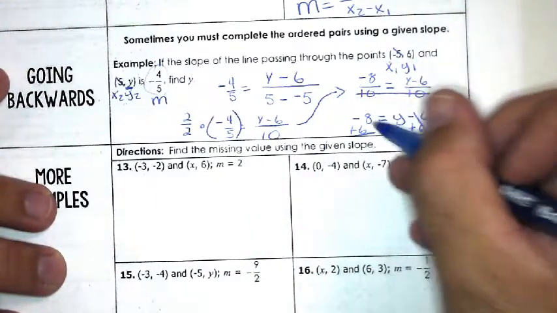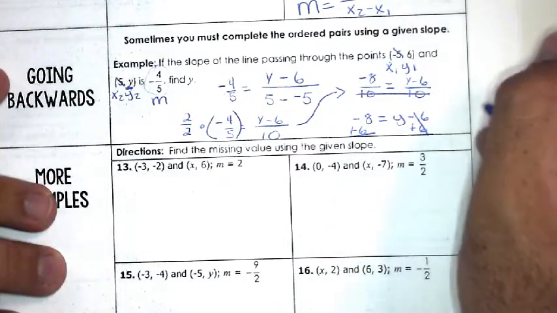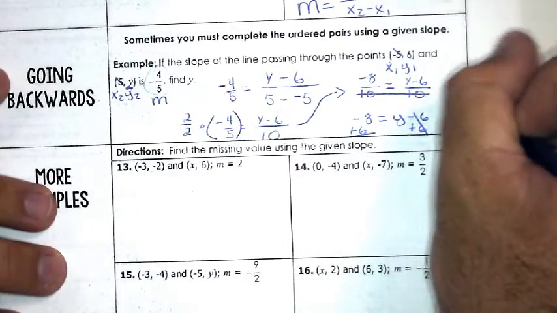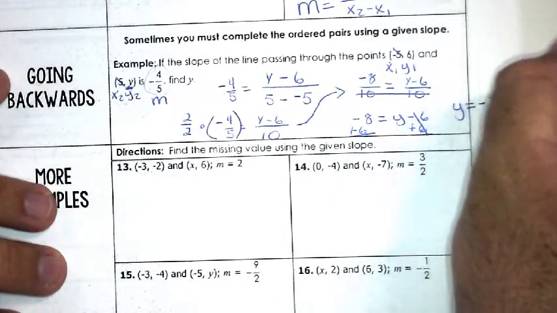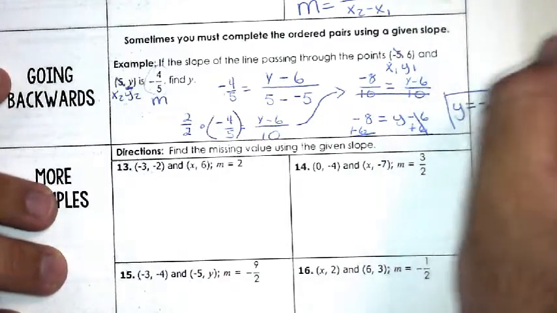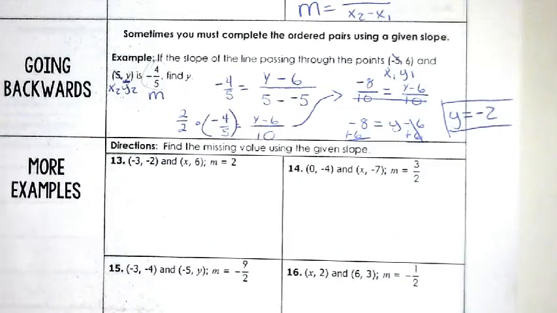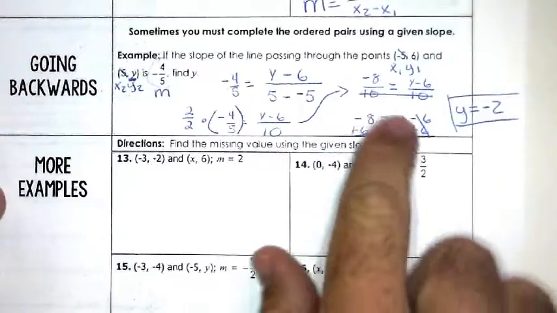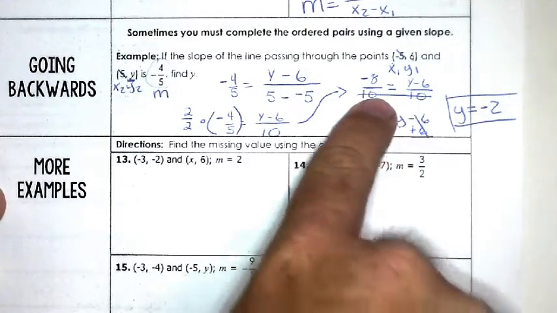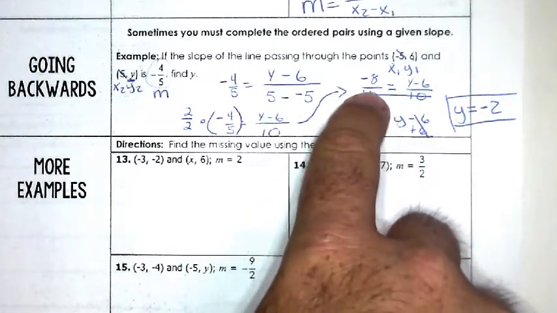Negative 8 plus 6 is negative 2. So the whole goal is to eliminate either the numerator or the denominator. In order to eliminate the numerator or the denominator, I must have equal numerator or denominator on both sides of the equal sign. They must be the same. Then we can cancel them out, and I'm just left with what I need to solve for the missing.